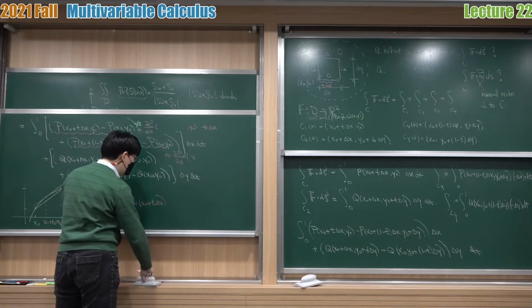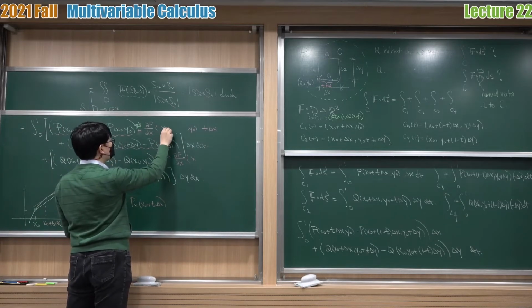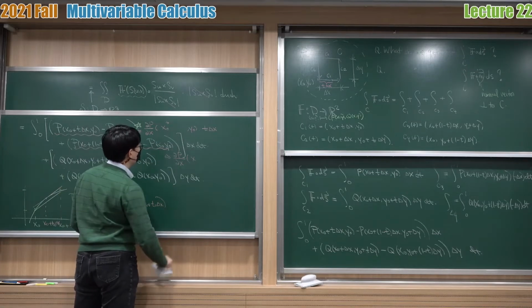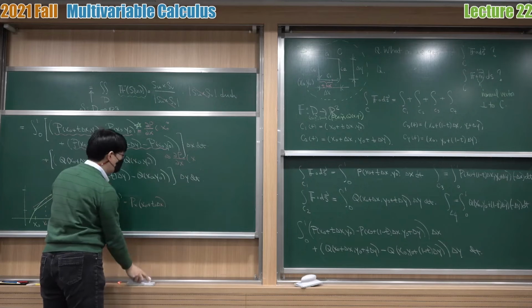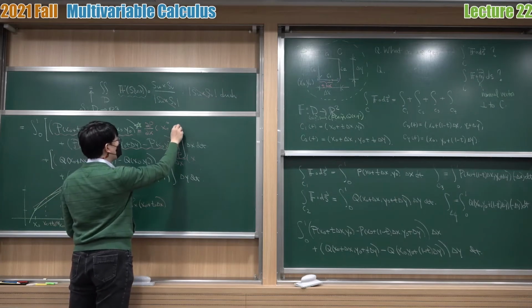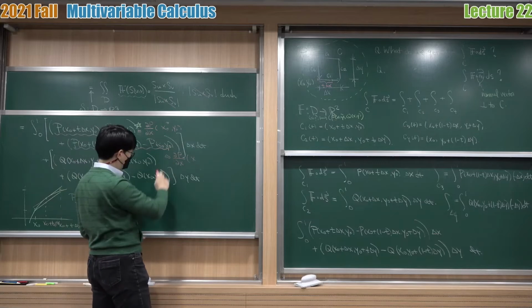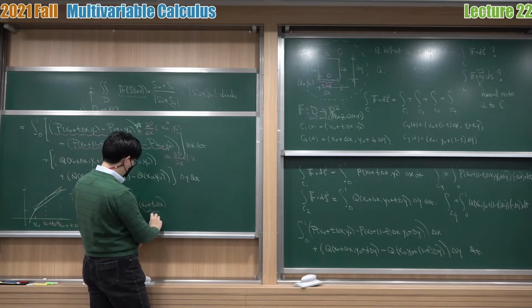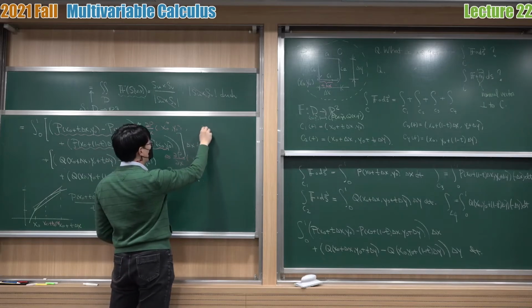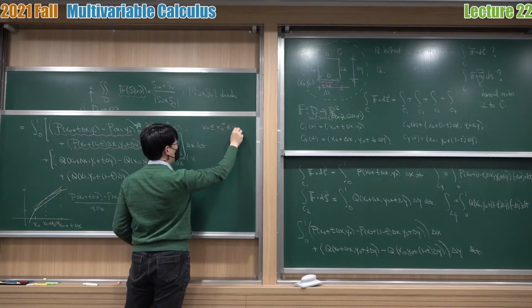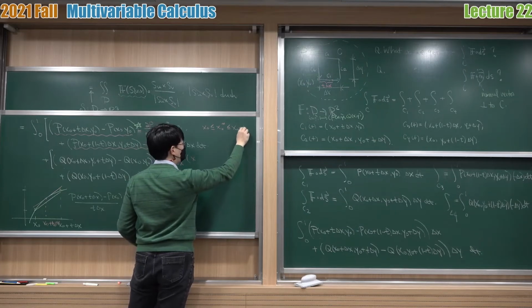Instead of using t0, I'm going to make this whole thing x0 star, meaning x0 star is some point in between these two numbers.